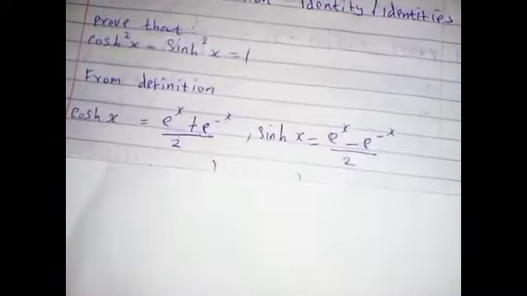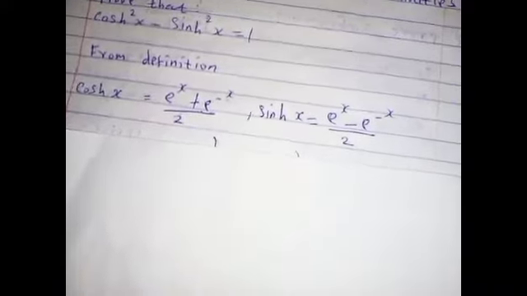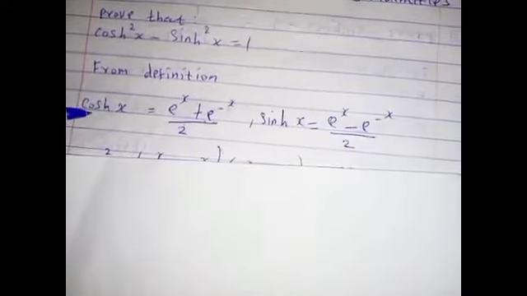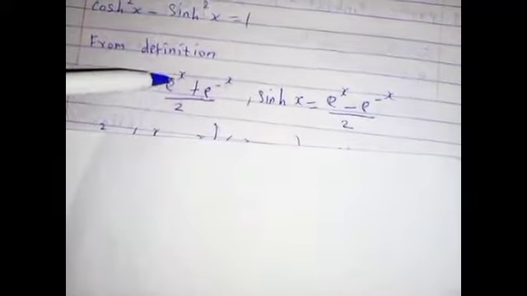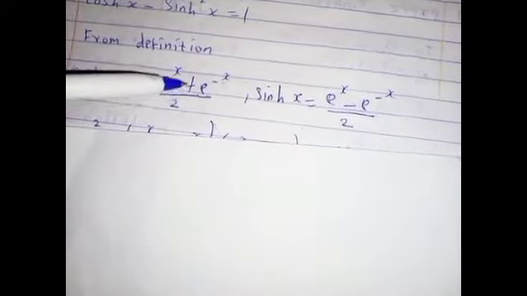So we want to prove this identity, and we are going to do that by first of all defining the hyperbolic function cosh x, which is defined by e to the power x plus e to the power negative x divided by 2.